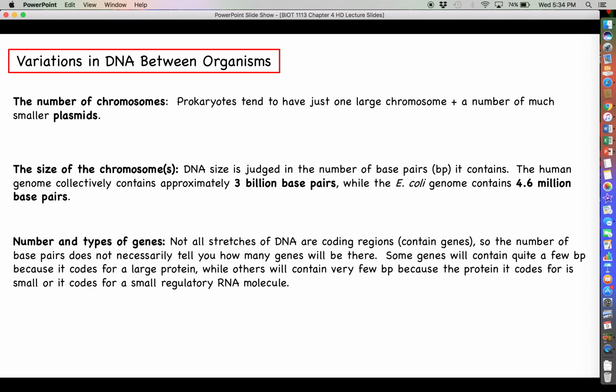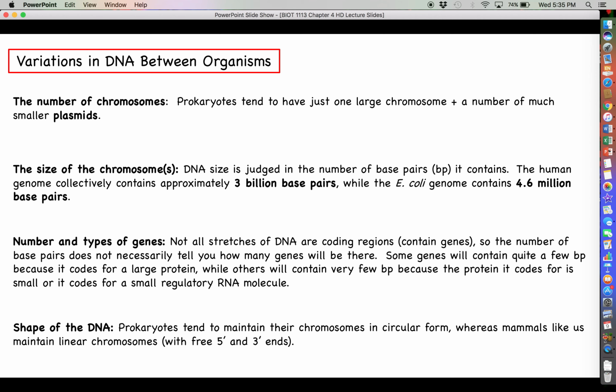Furthermore, some genes will contain quite a few base pairs because they code for a very large protein. Every amino acid requires 3 base pairs, so if you're making a big protein, you need a big stretch of DNA in the gene. While other genes contain not very many base pairs because the protein they code for is small. So these are all things to consider if you're trying to use the number of base pairs as a launching point for predicting how many genes there are going to be. It's not really a very exact science in that regard.